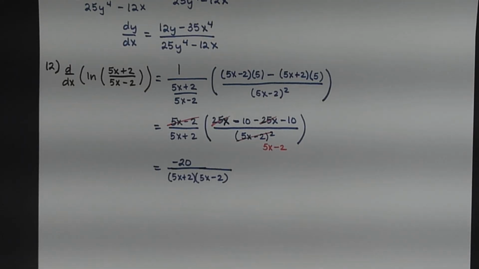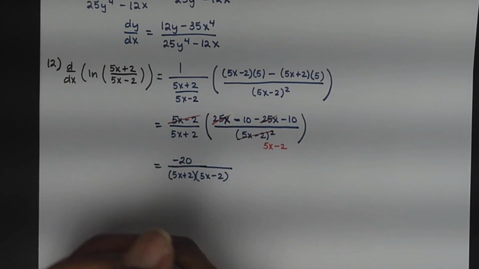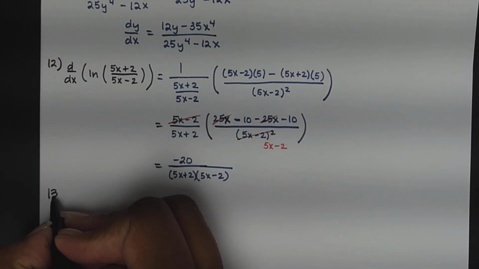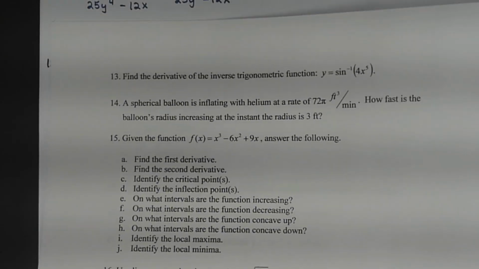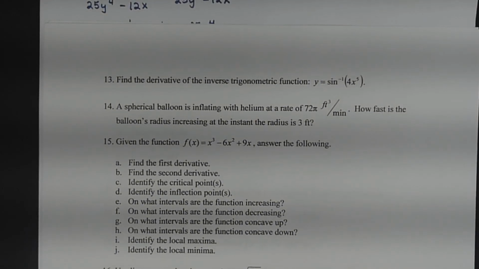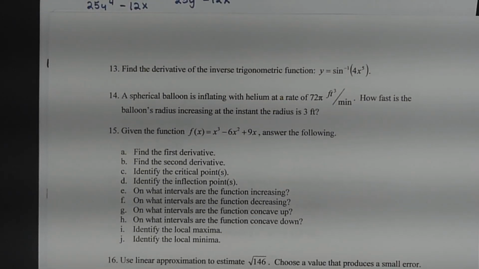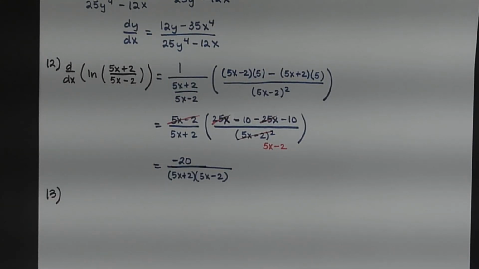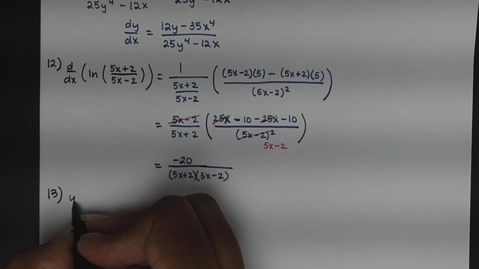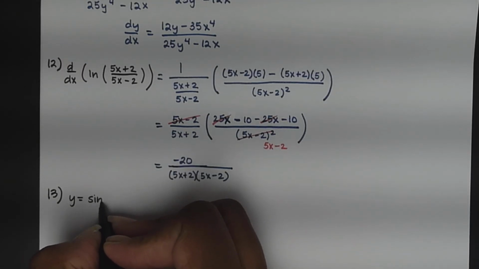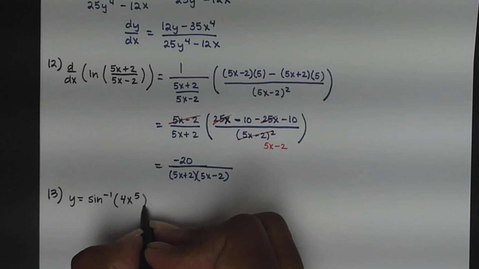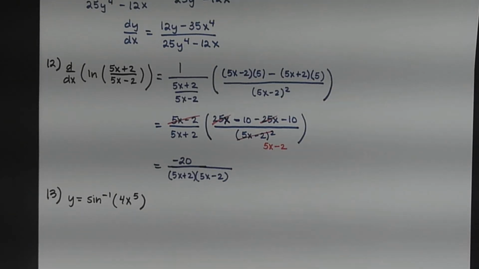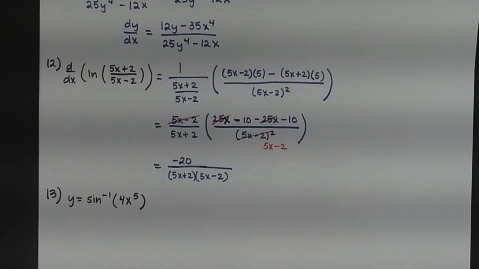All right, number 13 looks like this. Here you're finding the derivative of the inverse trigonometric function. y is equal to the inverse sine of 4x to the 5th. Okay.